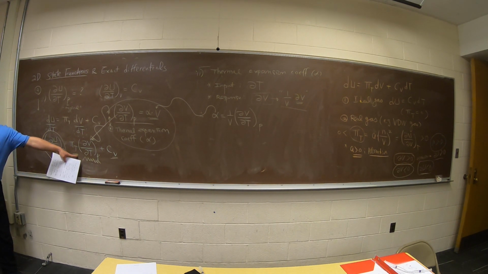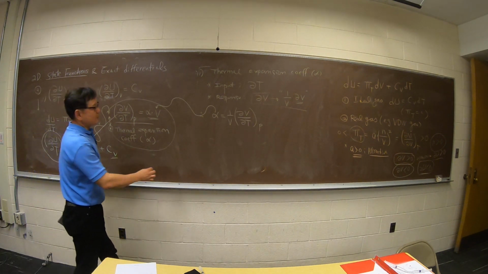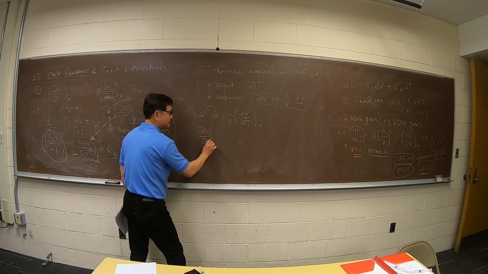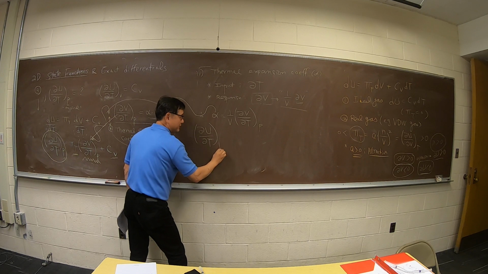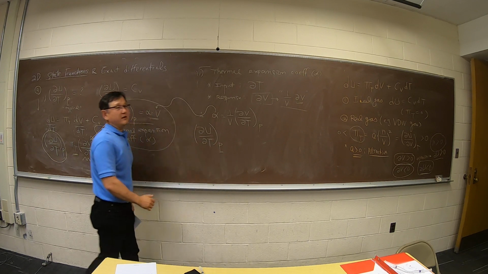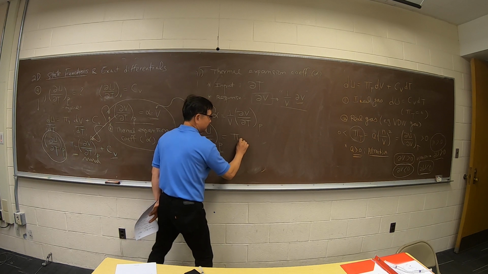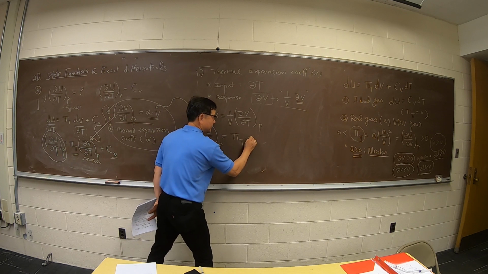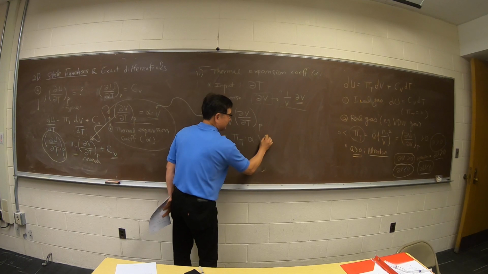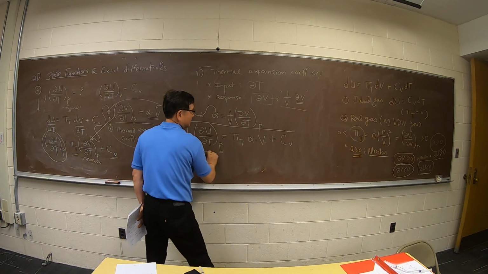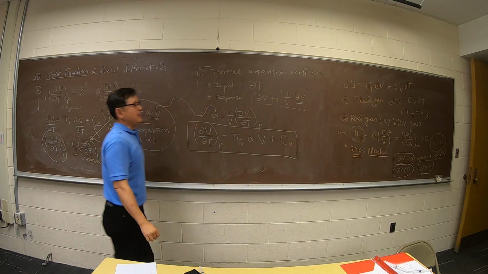All of a sudden the quantity, I want to know internal energy when I change my temperature, but I want to know the real system, the real case scenario. The constant volume is pi T, internal pressure, times alpha times volume plus CV. So this is one equation that came out.